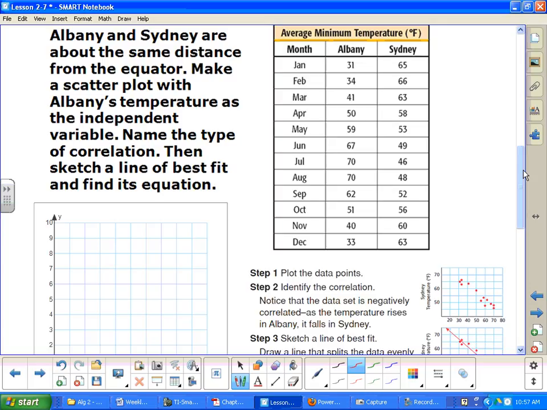So if we look at Albany, which is going to be our independent variable, x, the smallest number is 31 and the largest number is 70. For Sydney, the smallest number is 46 and the largest number is 66. So we want to make a scatter plot with that data in it.